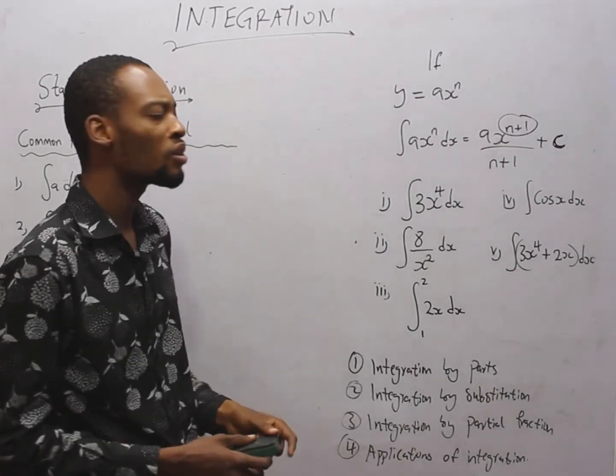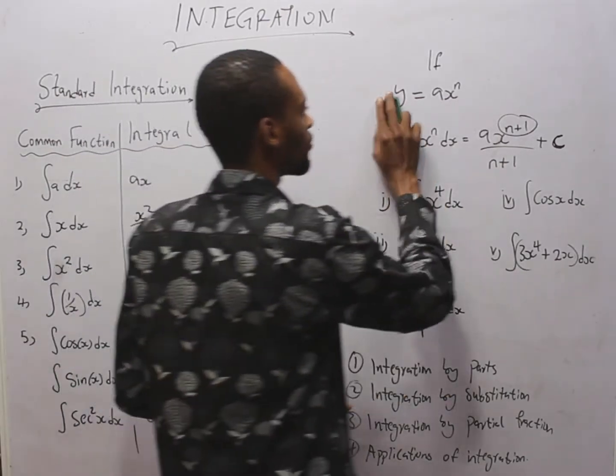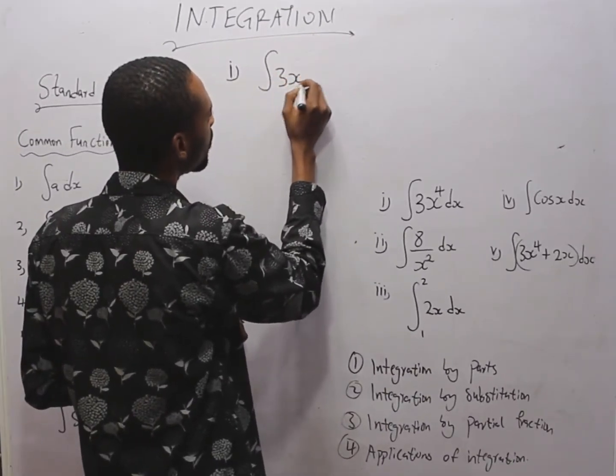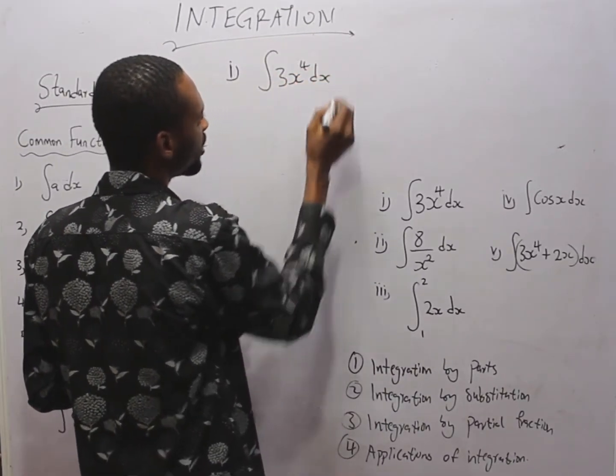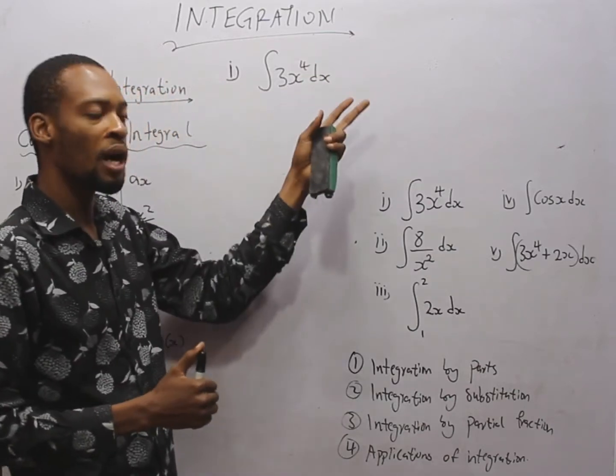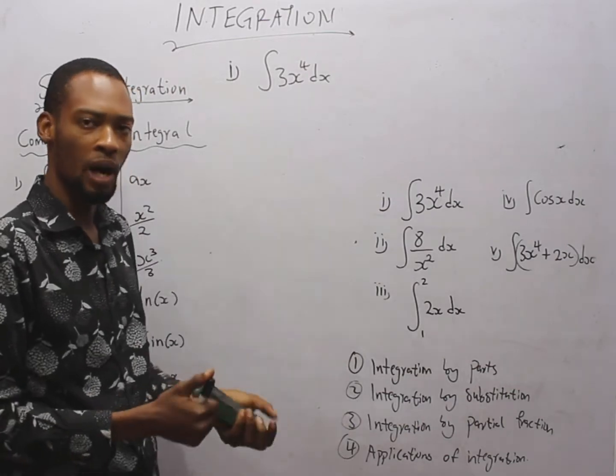Now let's solve one or two problems. Integral of 3s to the power of 4 ds, right? What do we do? We add 1 to the power and we divide by the power.